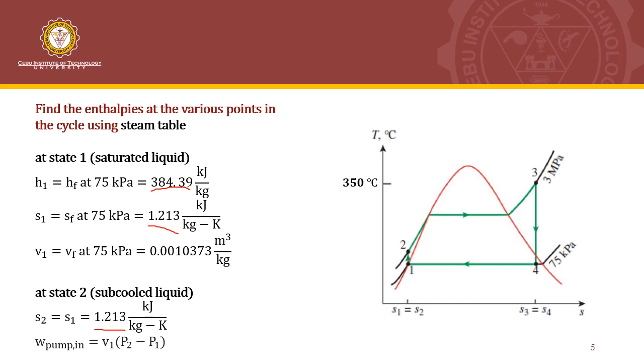At this point, we can also get the work input in the pump. We can use our formula, which is equal to the specific volume multiplied by the difference of the pressure of the boiler and the pressure of the condenser, or P2 minus P1.